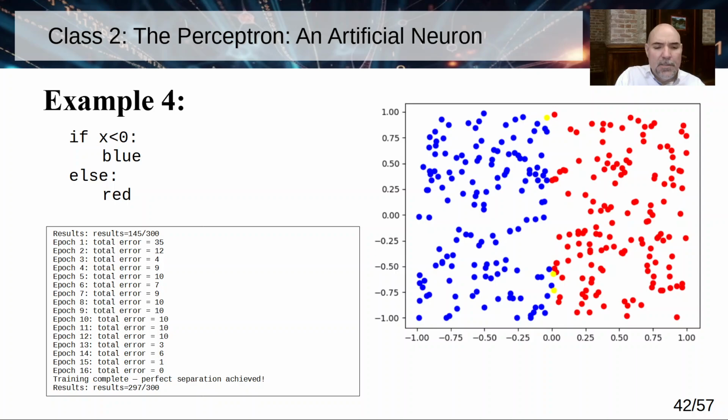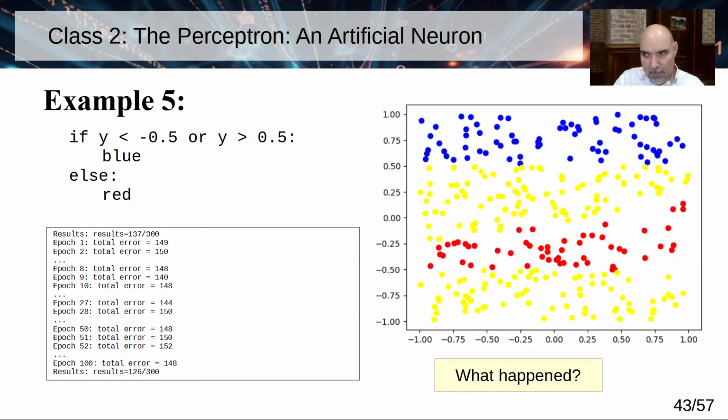And those limitations look like this. So notice I changed my function around. I said if y is less than negative 0.5 or it's greater than 0.5, then blue, else red. And you'll notice, look at how many it missed with this.